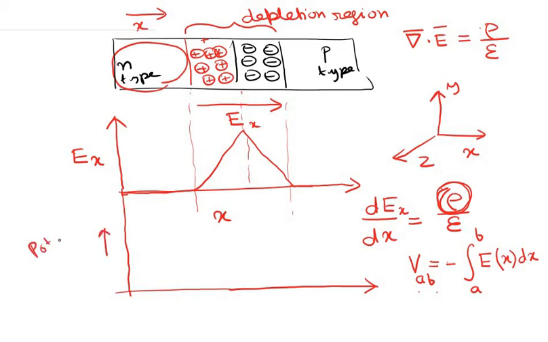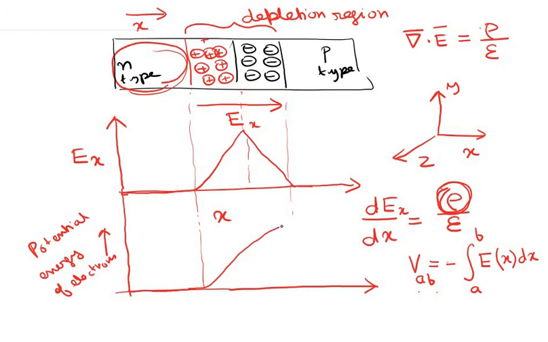So if we plot the potential energy of the electrons, assuming that the potential energy is 0 in this n-type region, it is 0 here, and then as soon as it enters the region of the electric field, the potential energy of the electron starts increasing.